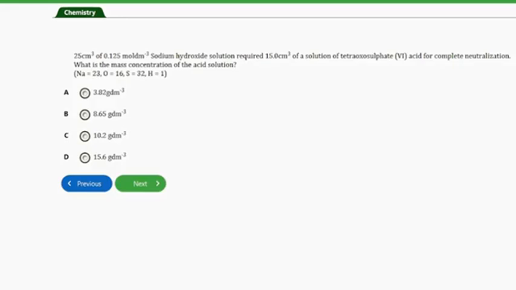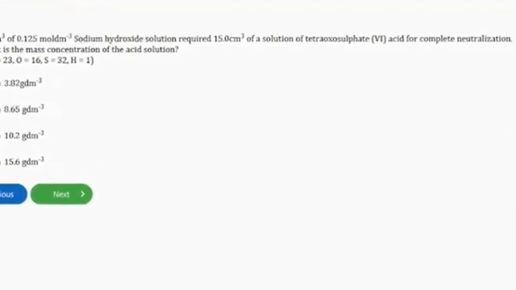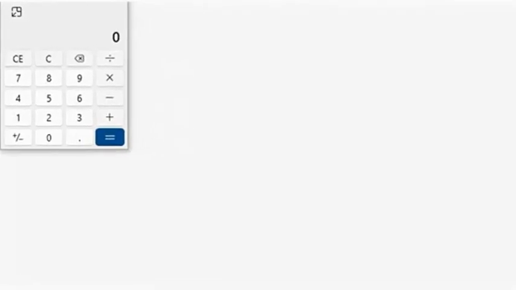What is the mass concentration of the acid solution? So guys, we are looking for the mass concentration here. So we need to understand that mass concentration will be in gram per dm cube.